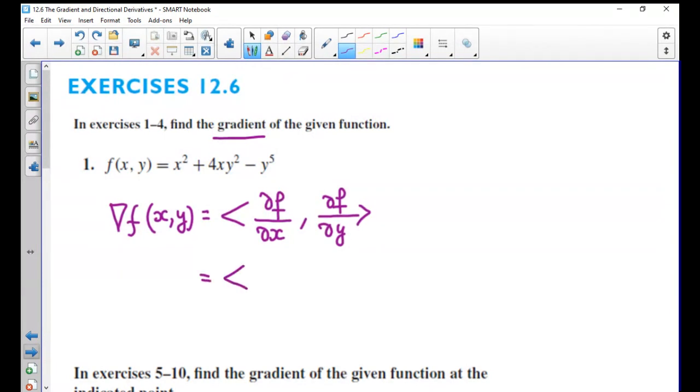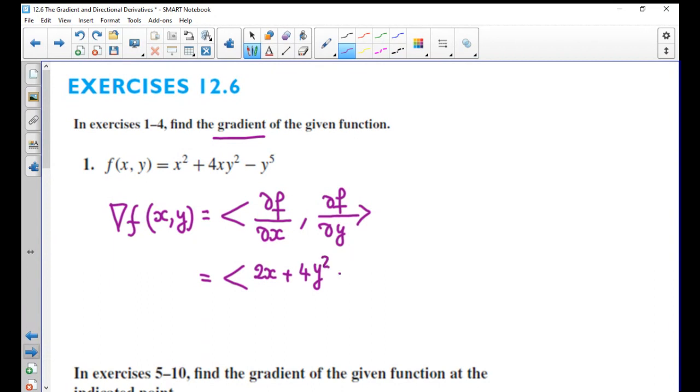So we want to see the derivative of this function. Yes, you already have the answer. So it's going to be 2x for df over dx plus 4y squared.